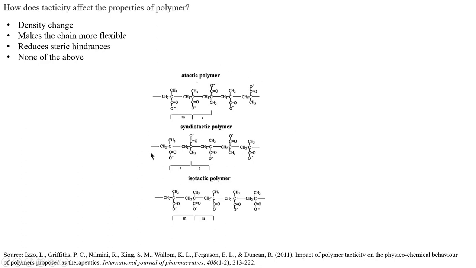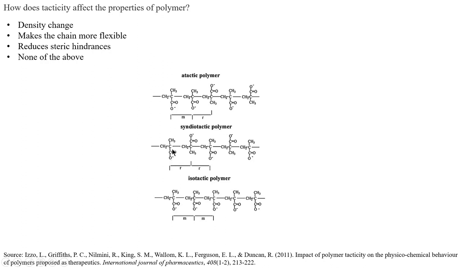Why does that happen? It is because of the alternating arrangement of the functional groups. This gives it a steric hindrance stability. Why? Because when the groups are present at one side, the charge distribution is unequal, and because of that, there can be steric hindrances.